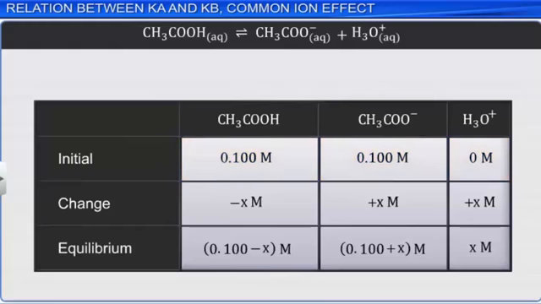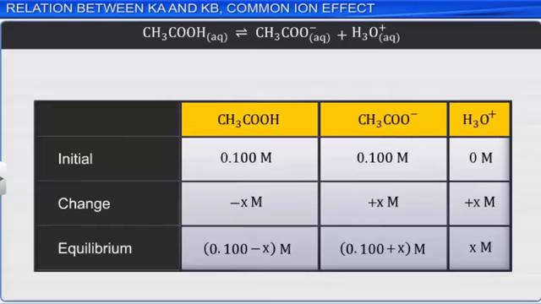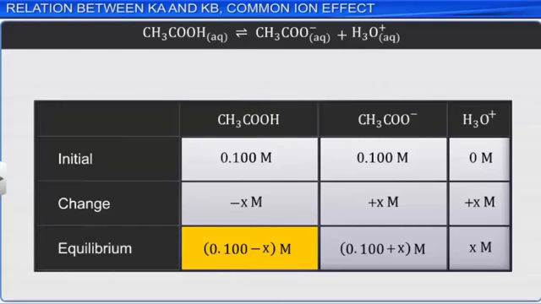The change in concentration after the dissociation of acetic acid is equal to minus x M for acetic acid, plus x M for H3O plus ion and plus x M for acetate ion. The equilibrium concentrations of CH3COOH, H3O plus ion and CH3COO minus ions are 0.1 minus x, x, and 0.1 plus x moles respectively.